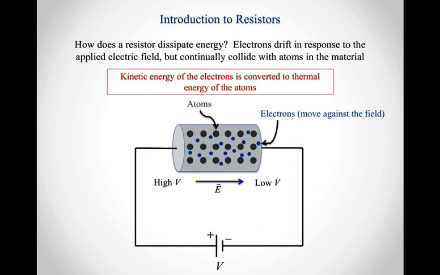So as the electrons try to accelerate, they bang into something, and that attempt to increase the kinetic energy of the electron is lost through that collision. But where does it go? It goes into increasing the thermal energy of the resistor due to those collisions.